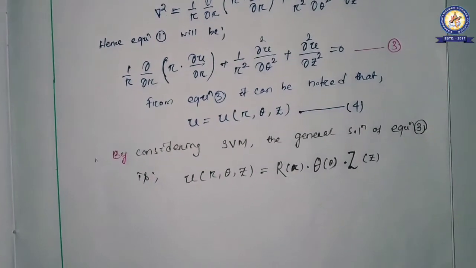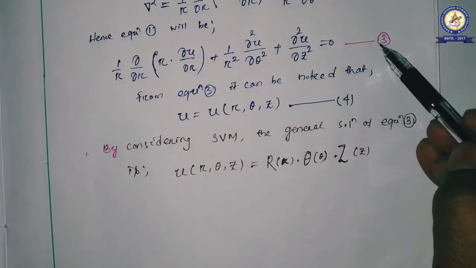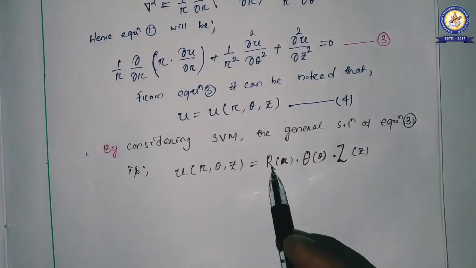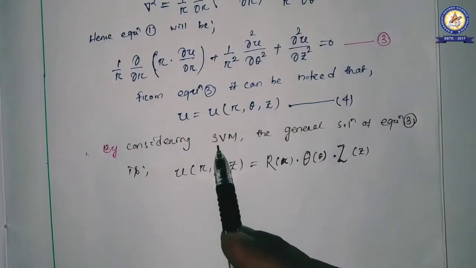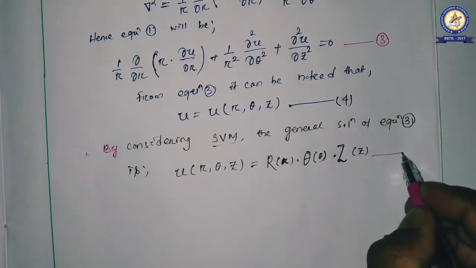So the general solution of equation number 3 can be written as R into Theta into Z by considering the separation variable method. Let this equation be your equation number 5.